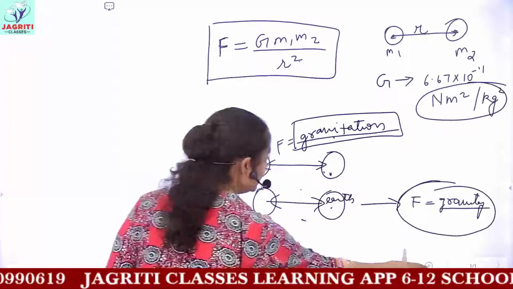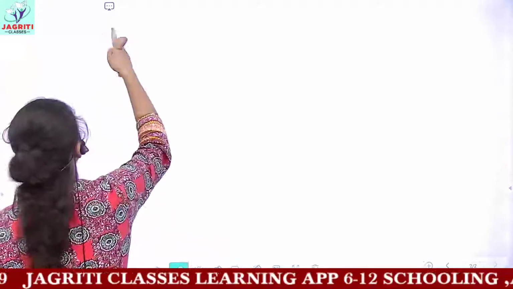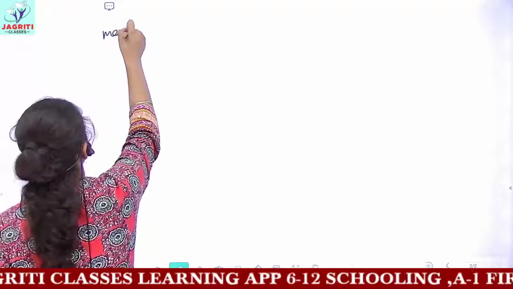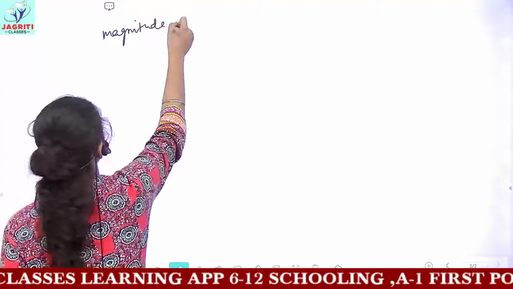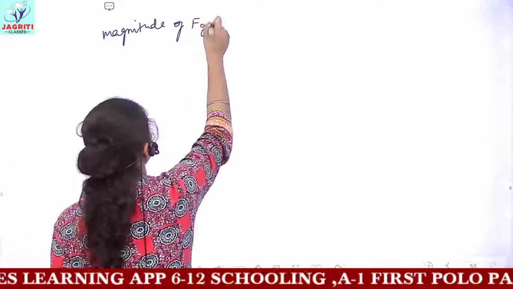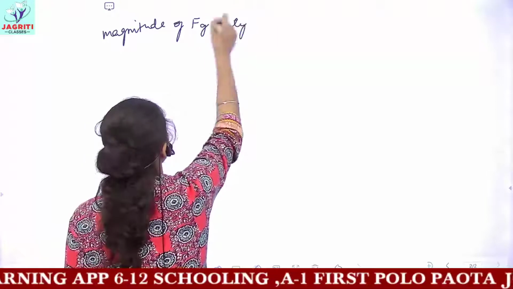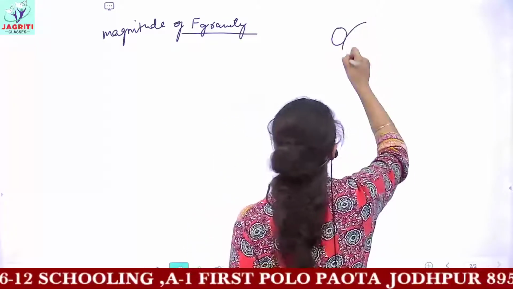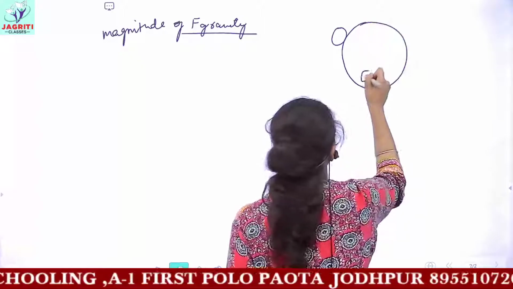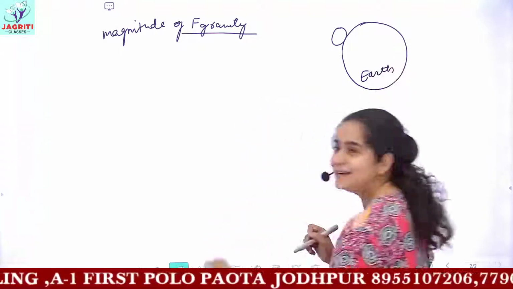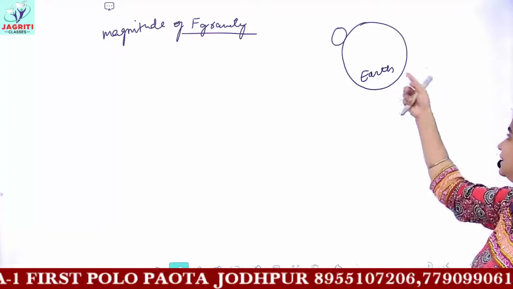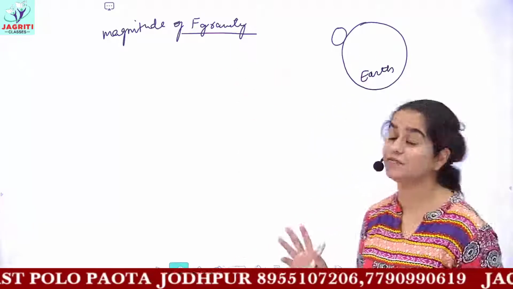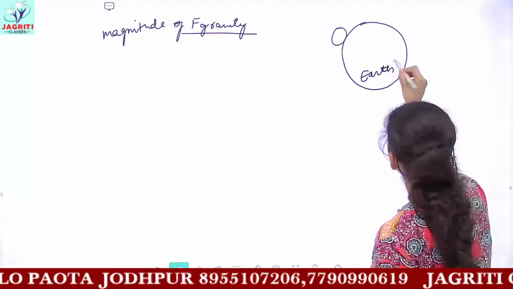So now we'll be dealing with the magnitude of the force of gravity. For gravity, you have any one object present on earth. When we consider one of the objects to be earth, we call it the force of gravity or gravity force.